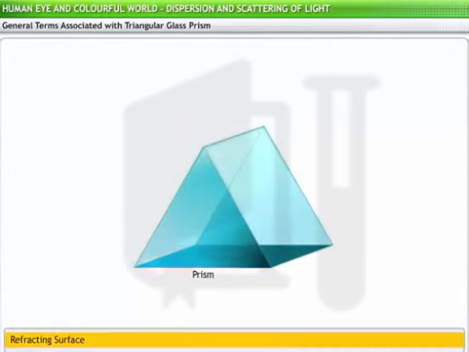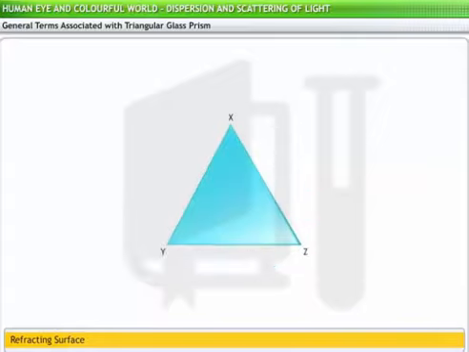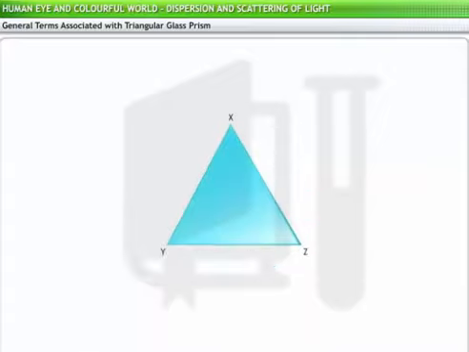The line along which the 2 refracting surfaces meet is known as the refracting edge of the prism. The angle between the 2 refracting surfaces, denoted by the capital letter A, is called the angle of the prism or the refracting angle. The base of the prism is the rectangular face of the prism that does not take part in refracting light.